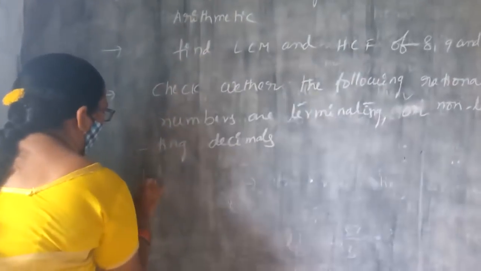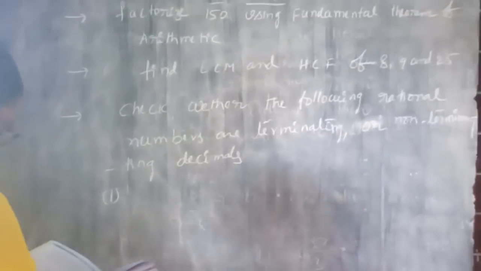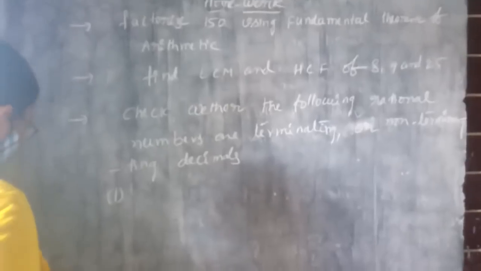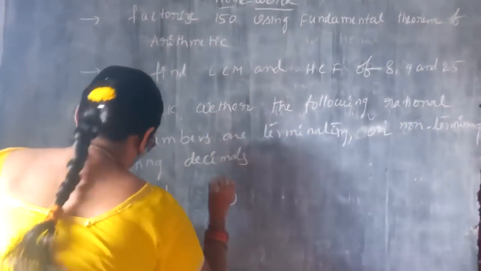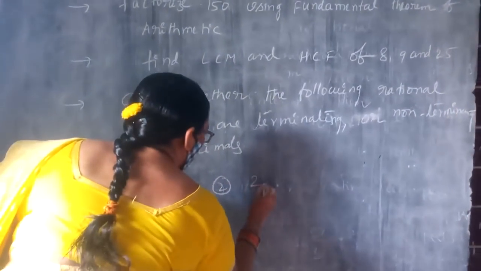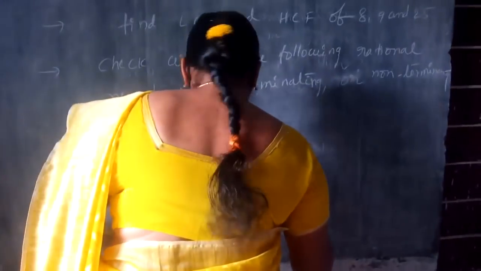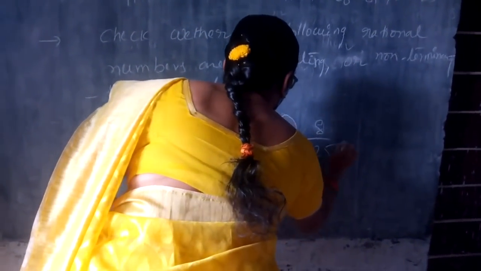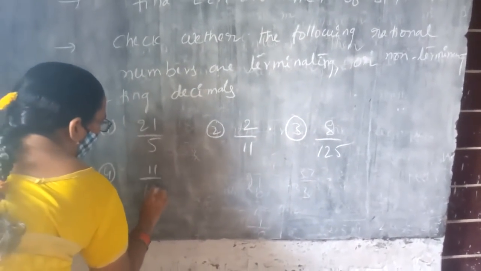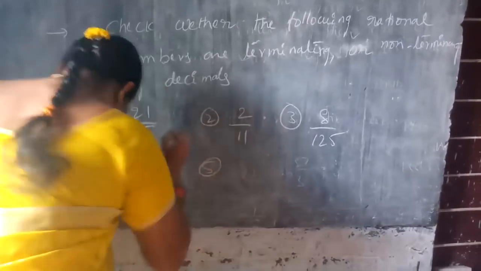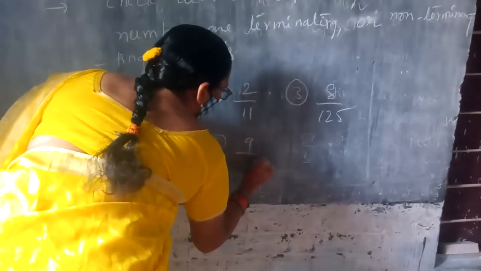Okay, for this write down 21/5, 2/11, 8/125, 11/12, 9/15.